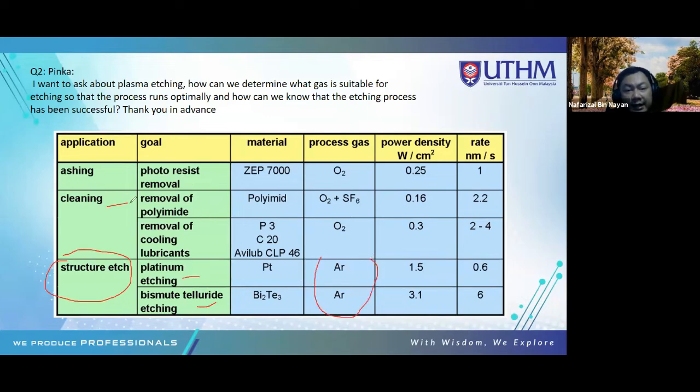If you want to do cleaning and remove the PR, you can use oxygen and fluorine based gas. PR removal, you can also use oxygen. So these are the materials and the gases that we can use.